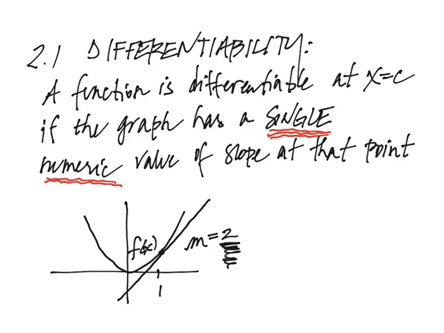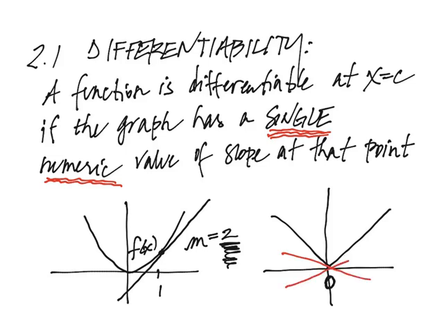We'll take a quick look at a graph, like let's say it's the absolute value graph. And I'm looking for differentiability right at 0. The reason that graph would not be differentiable at that value of x is that if I start drawing in tangent lines, I can draw multiple tangent lines that hit the absolute value of x at a single point.